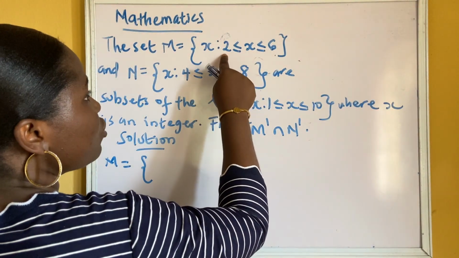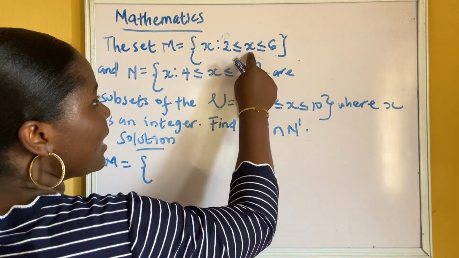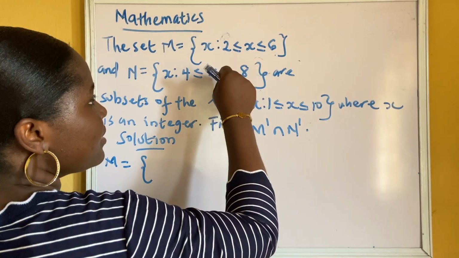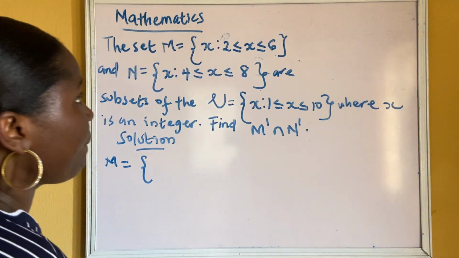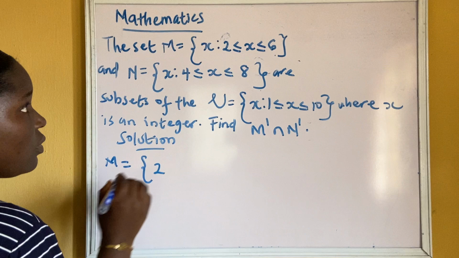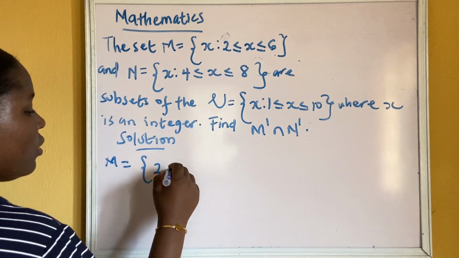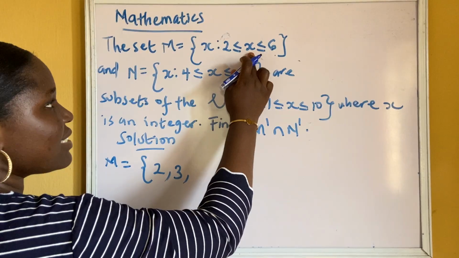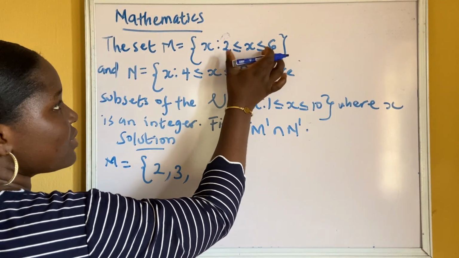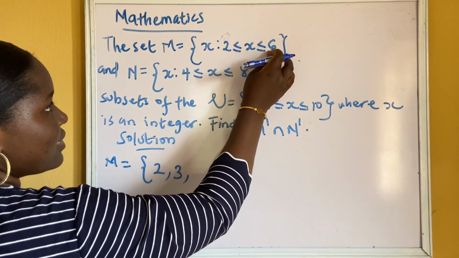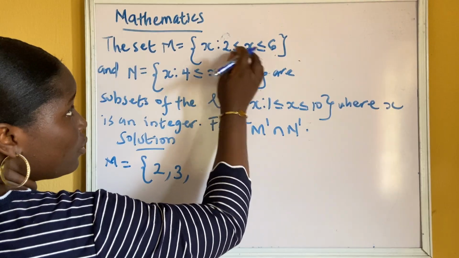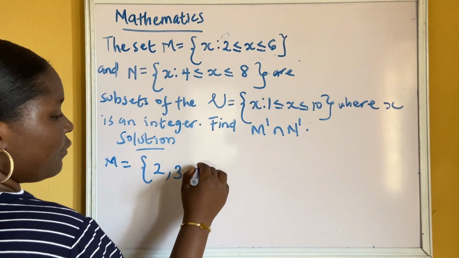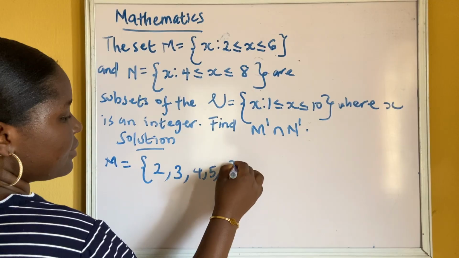If 2 is less than or equal to x, that means from 2, 3. Look at it, 2 less than or equal to x less than or equal to 6. So 6 is between this range, 2 and 6. Then because of the less than or equal to sign, you include these values: 3, 4, 5, and 6.